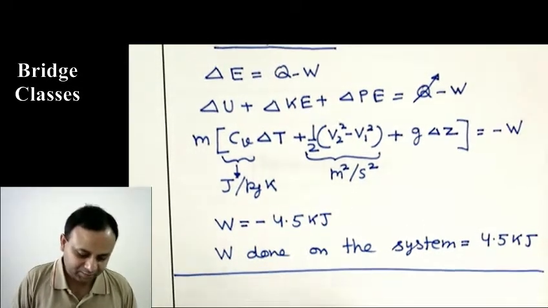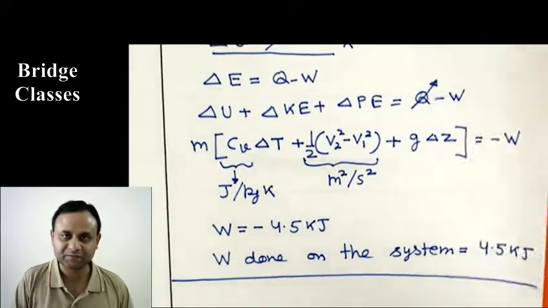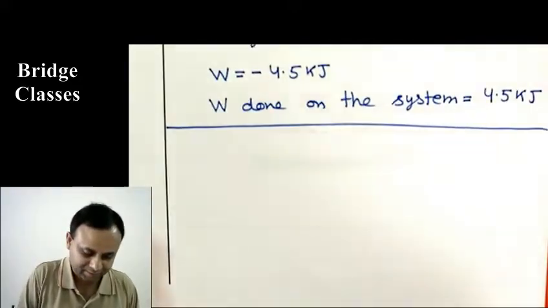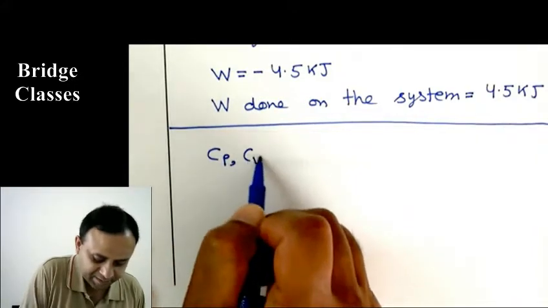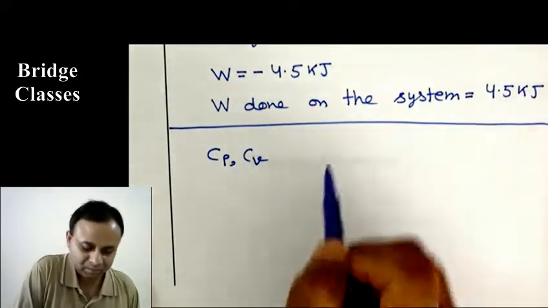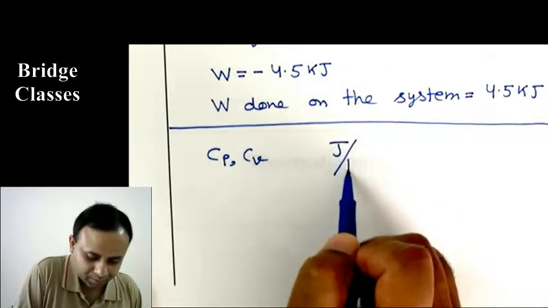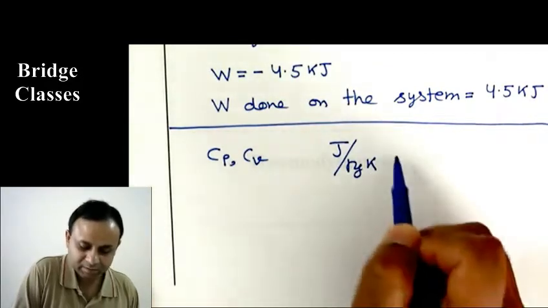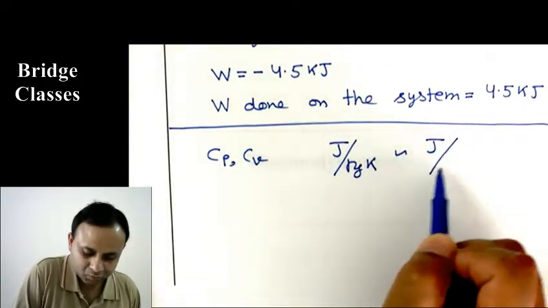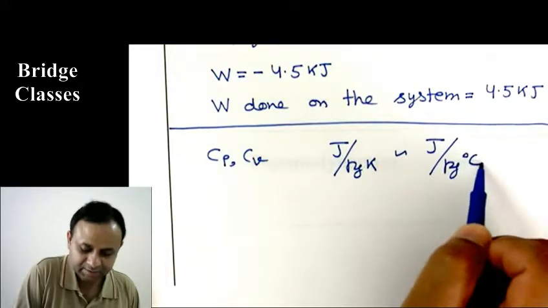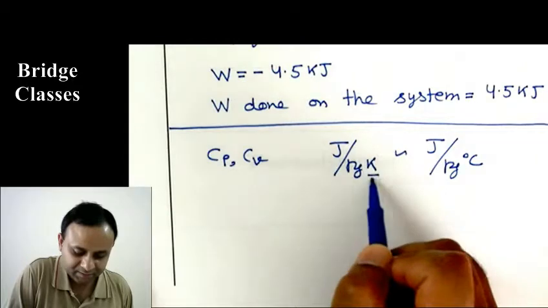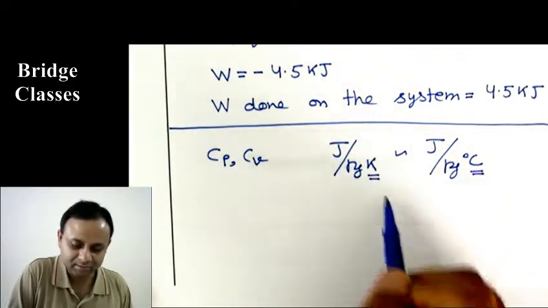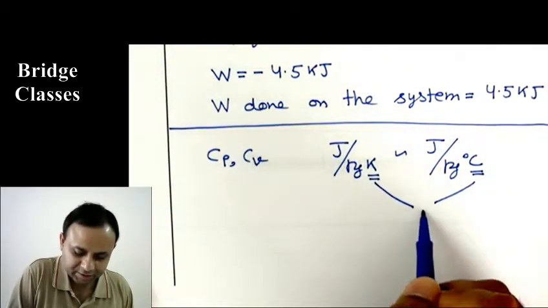And let me clarify one thing about specific heat. I did not mention that previously. See, for specific heat like Cp and Cv, joule per kilogram Kelvin is same as joule per kilogram degree C. Because this Kelvin or degree C here, they correspond to change in temperature.